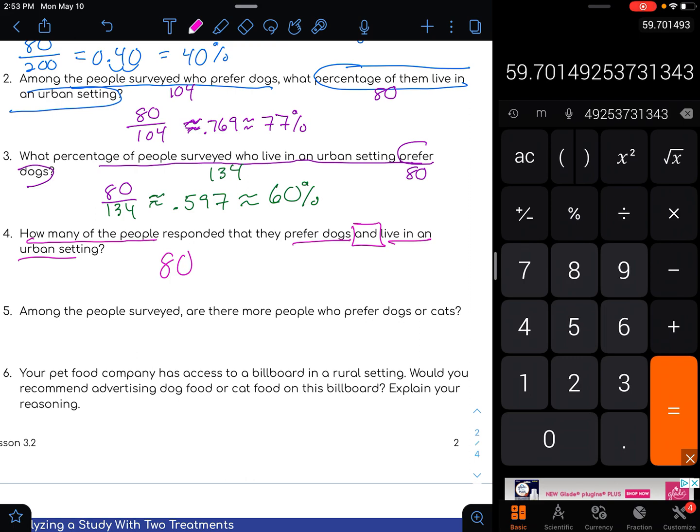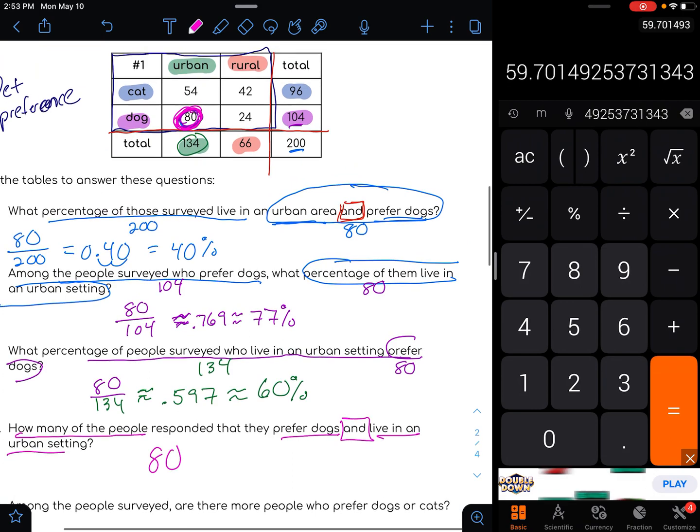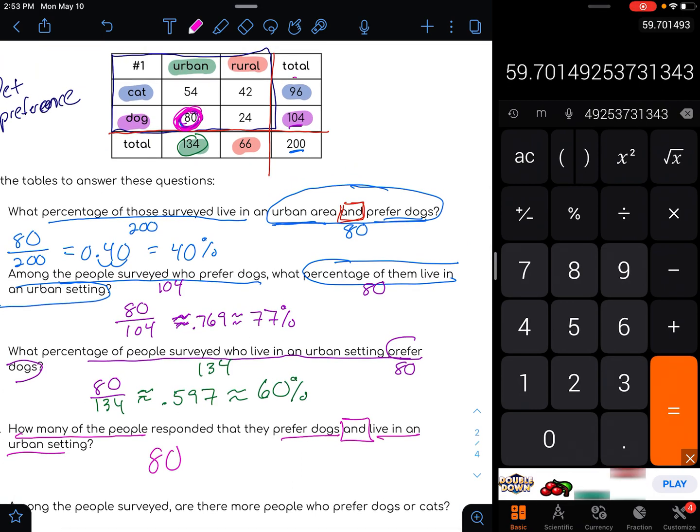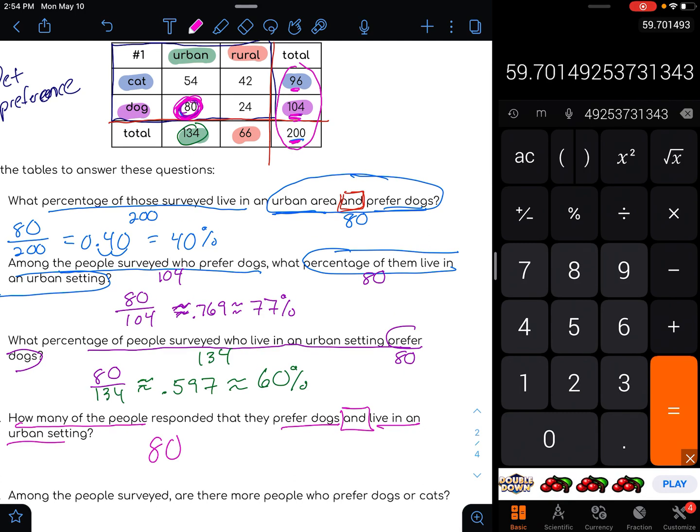Among the people surveyed, are there more people who prefer dogs or cats? All right, so once again, we're looking at just among the people surveyed, and now we're just comparing. It's not a percentage. So among the people surveyed, let's look at the dogs versus cats. So we're really looking at this right here, because there's 200 people surveyed, and then let's compare dogs versus cats. So it's pretty much a 50-50 split, but there are a few more people that prefer dogs.